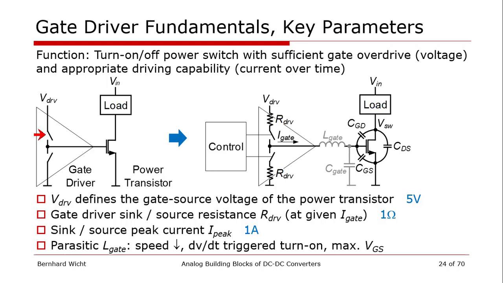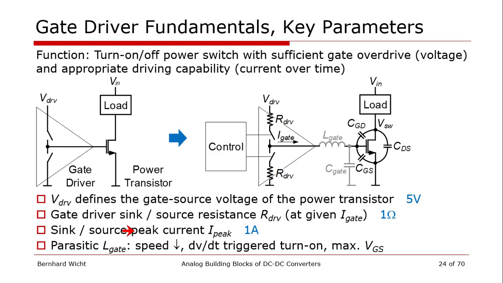So they have a finite resistance of typically 1 ohm. And that corresponds to a current, which actually we are driving the gate. That means we have just a capacitive load. And so our current will be a peak current, and that's in the range of 1 amp. So quite a large current for a short moment of time that needs to be delivered by the driver.